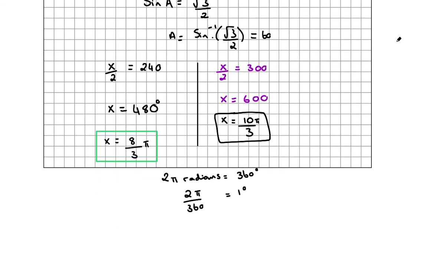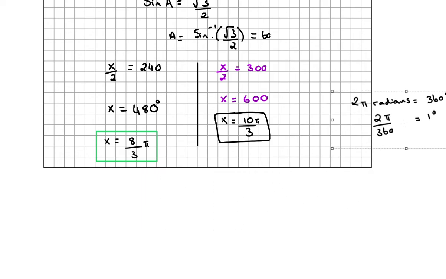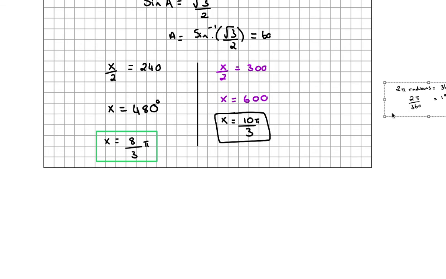So I could have x is equal to 8 over 3 pi. So let me just move our little notes on radian conversions to the side. I could also have that x is equal to 8 over 3 pi, and I could add 2 pi to that. And so long as I don't exceed the value of 4 pi, I am allowed to include it. So 8 over 3 pi plus 2 pi, that's going to give me 14 over 3 pi.